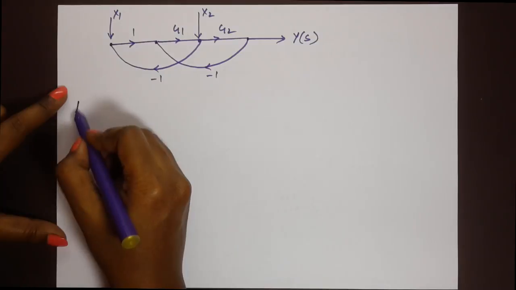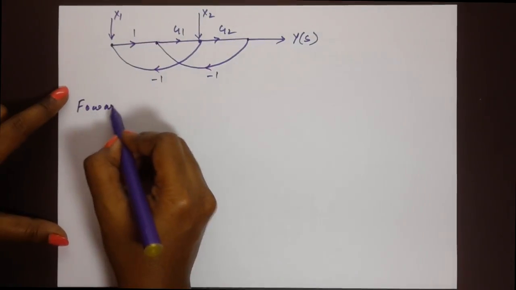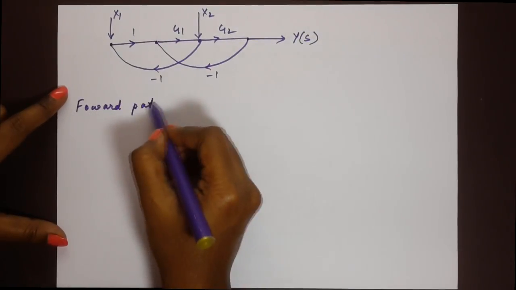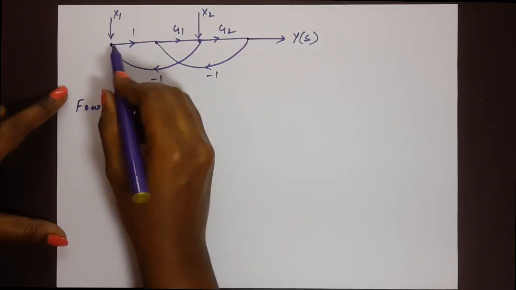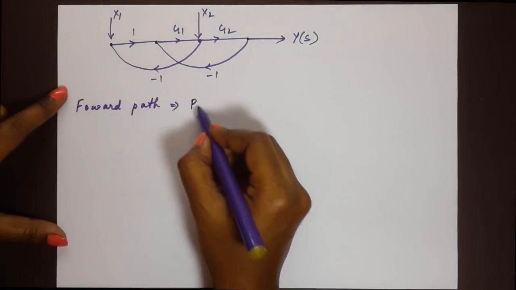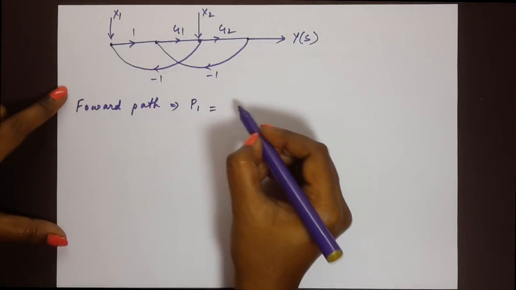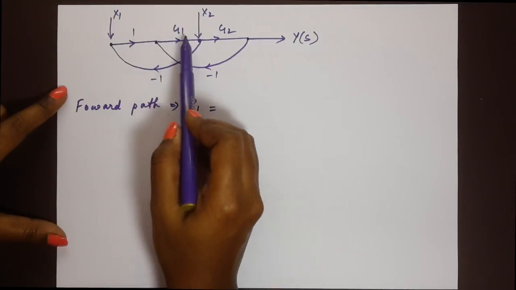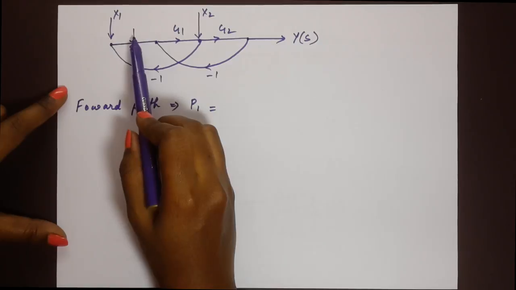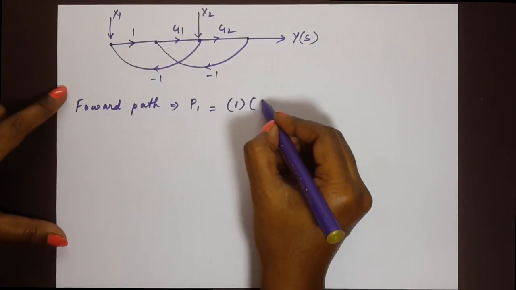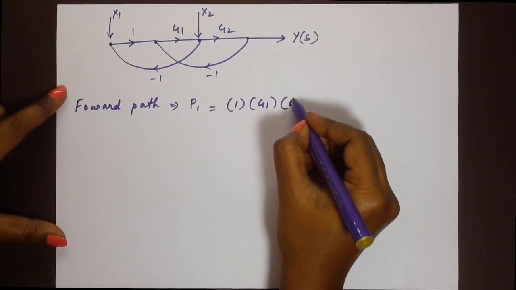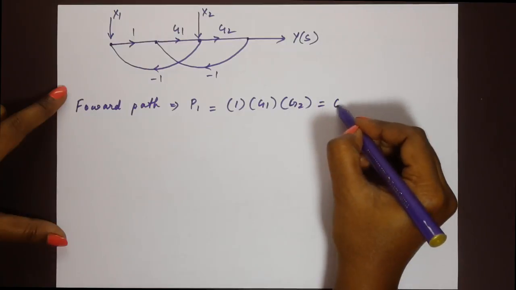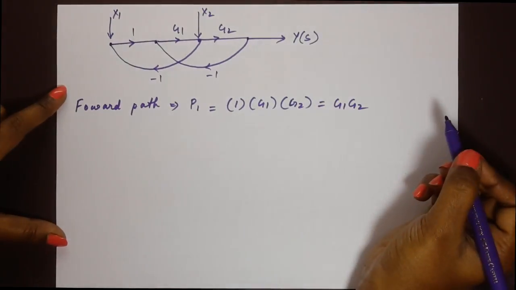So we start with the forward path. We have exactly 1 forward path. So we're going to call that P1, and to find the gain we just have to multiply the gains of each portion of the forward path, 1 into G1 into G2, which gives us G1 G2.